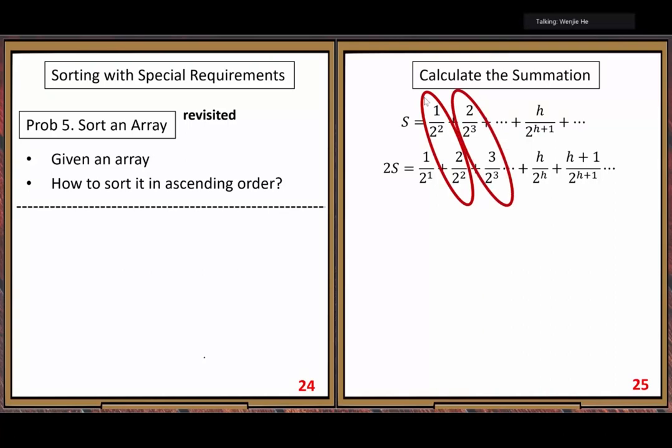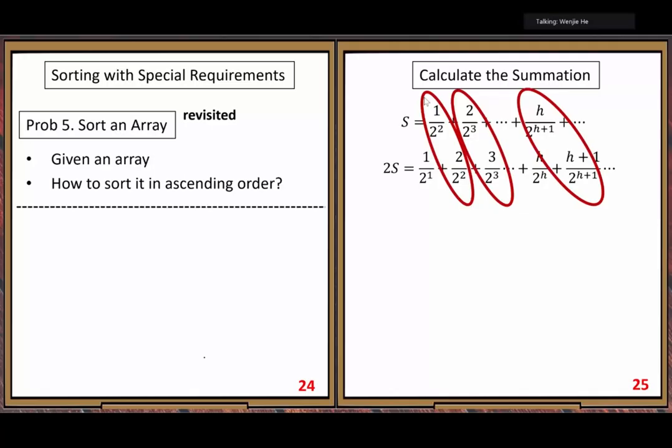Second pair, the difference is also 1, right? 2 and 3. So if you do the comparison all the way down to the end, you can see the difference of the numerators is always 1. So that's a nice property.